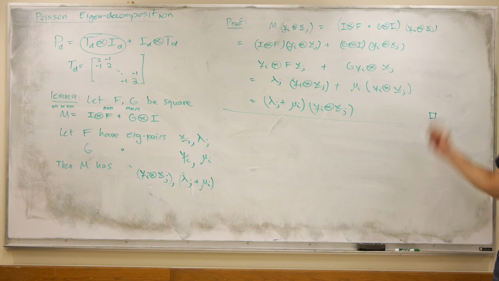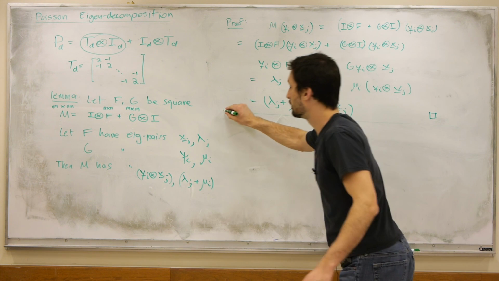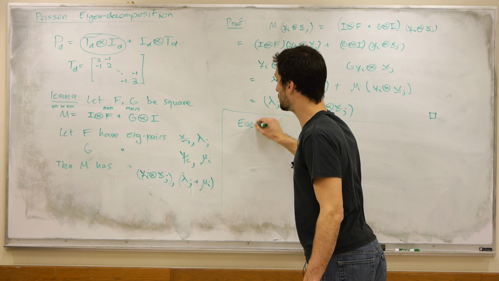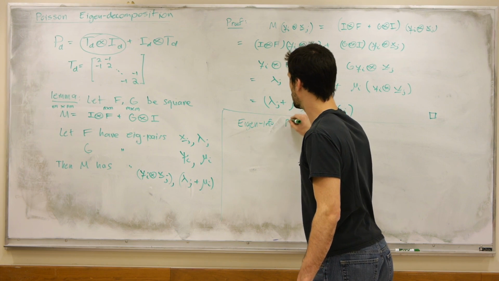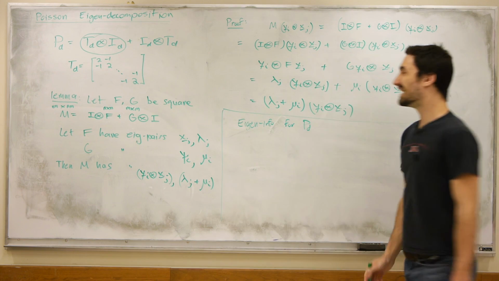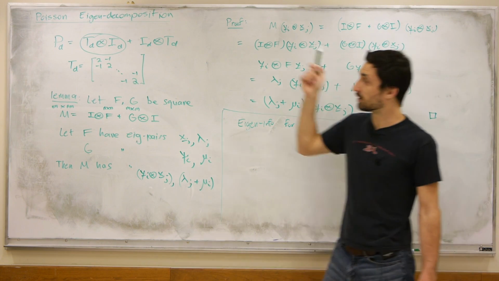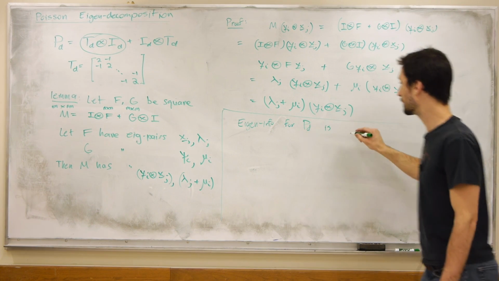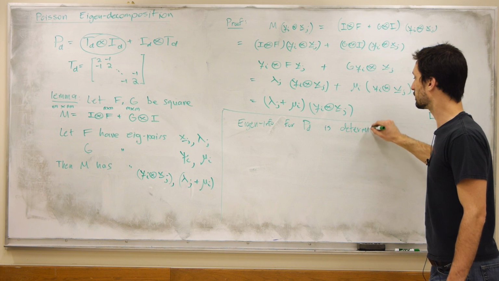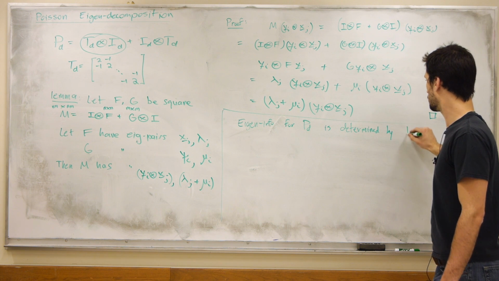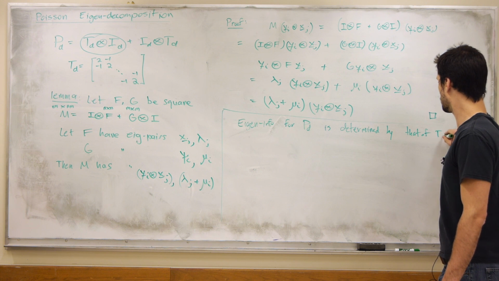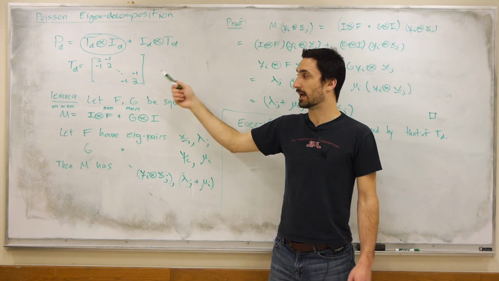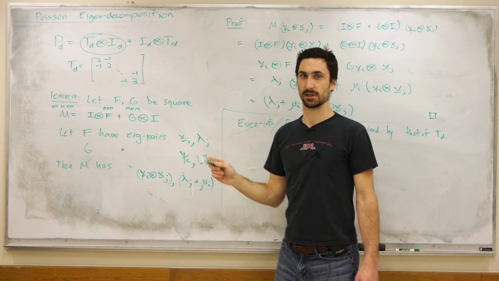Finally, applying this information to the Poisson matrix, we get that the eigeninformation for the Poisson matrix is completely determined by the eigenstructure of the tridiagonal matrix T. Now it turns out you can even analyze the eigeninformation of this tridiagonal matrix very specifically.